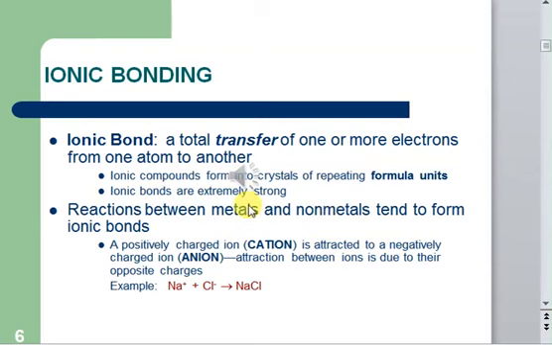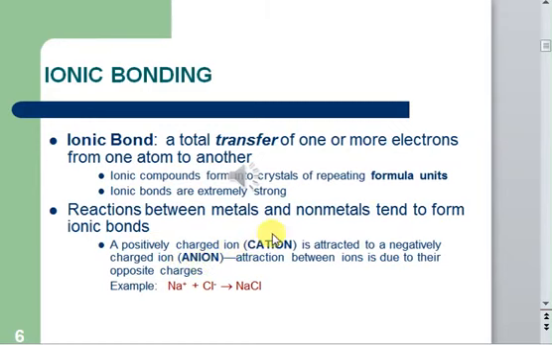When a metal loses electrons, it forms a positively charged ion, which is known as a cation. Non-metals are very good at accepting electrons, and our focus is on non-metals of groups 6 and 7, the oxygen family and the halogen family. These non-metals are very electronegative, so they easily accept electrons and form negatively charged ions, known as anions.